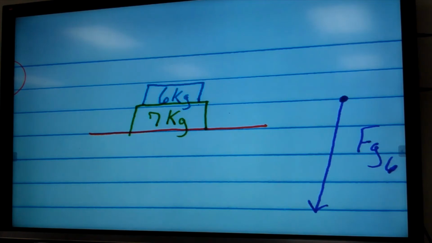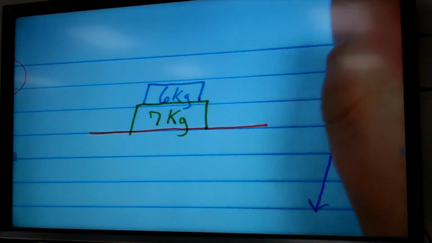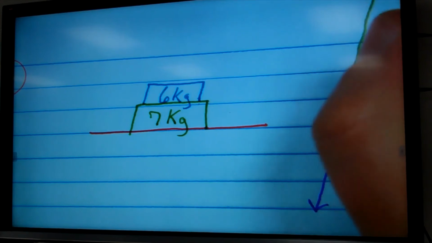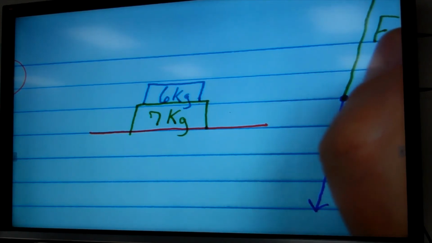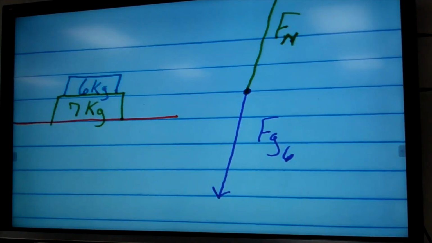Now, what other force is here? The normal force, to keep the 6 kilogram block from busting through the center of the United States. Exactly. So the normal force, which is the force that's just acting upward, we have the normal force.